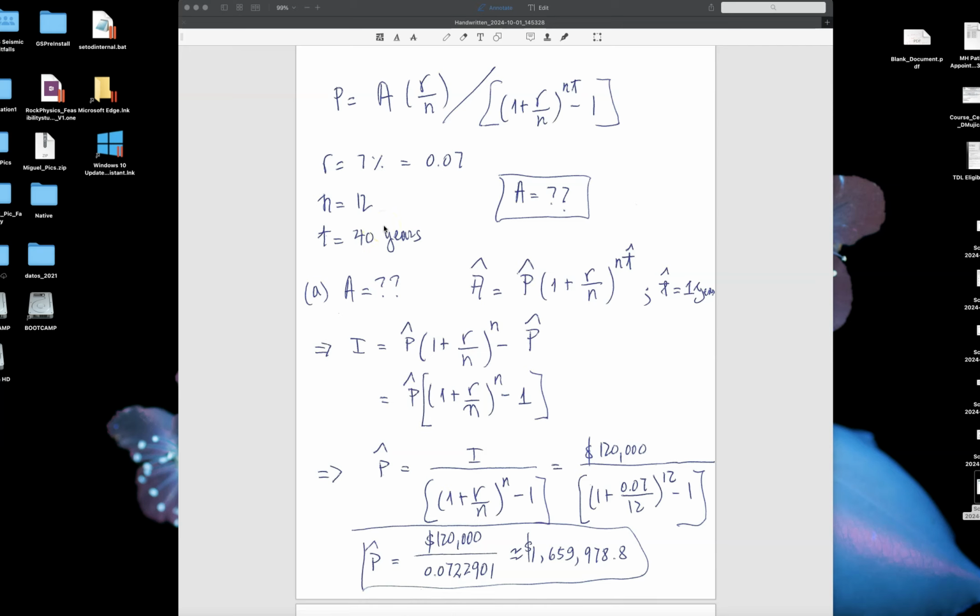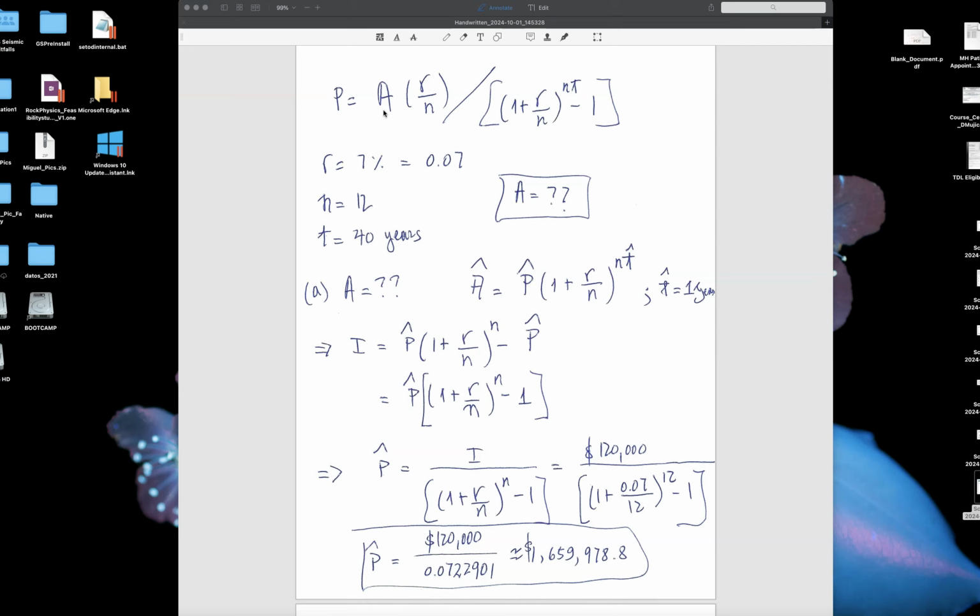The challenge in this exercise is that we don't know what goal amount we're going to have after 40 years. We don't know what amount this transaction is going to produce in 40 years, so we need to compute that amount.